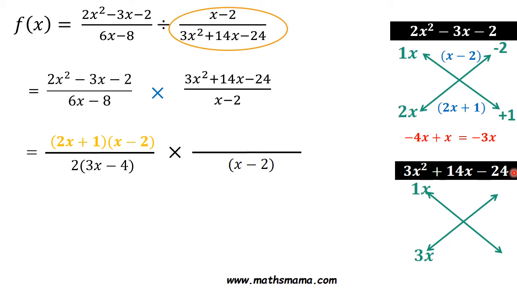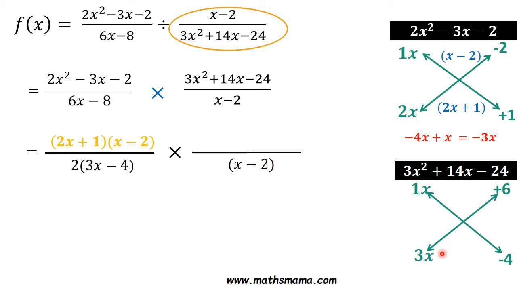So there are many factors. I know plus 6 and minus 4 would give the answer. So I'll write it down here, but for you it's okay. You can do some more questions and get that practice. And then you multiply.